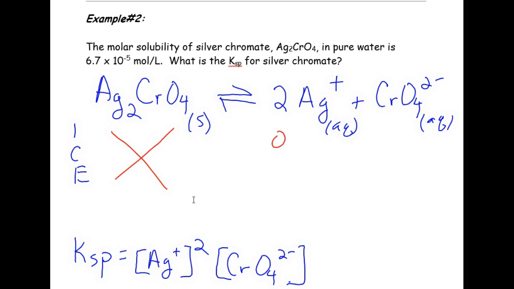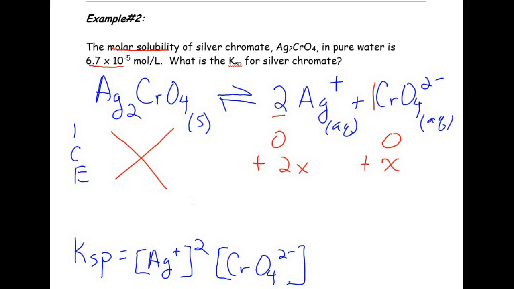I know that I'm starting with 0 ions in solution, and I know that my silver is going to increase by 2x because its coefficient is 2. And I know that the chromate ion is going to increase by x because its coefficient is 1. And I also happen to know that at equilibrium, the molar solubility is 6.7 times 10 to the negative 5.